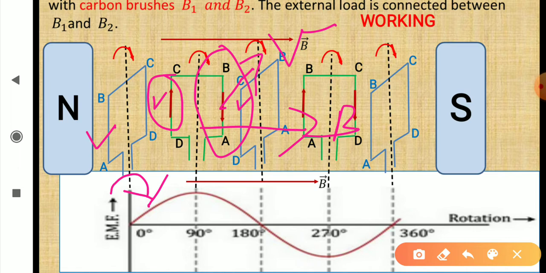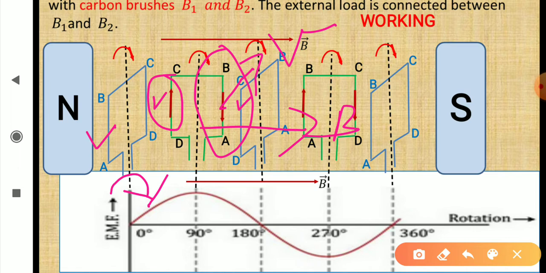Now let us try to find out the induced current. Using your right hand, we will use Fleming's right hand rule. Extend your thumb, index finger and middle finger of the right hand mutually perpendicular to each other. Your index finger is pointing along the direction of magnetic field, and the velocity is shown by the thumb, which is inwards.